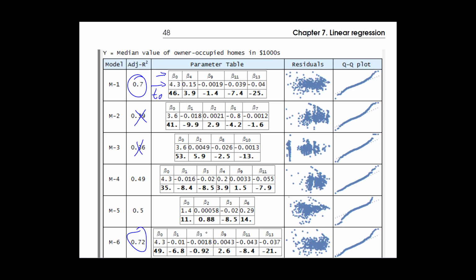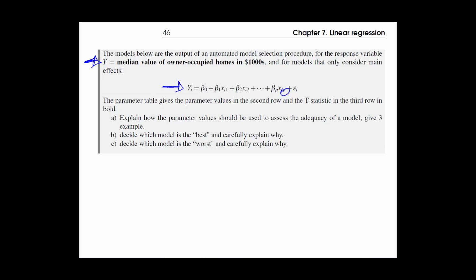The second thing I would do is look at the values of beta, the signs of beta. Let me do just a couple. Beta 13 is negative. Let's make sure that makes sense, because our model is a main effect model. So the betas are the marginal change in y given a unit change in the corresponding x value.